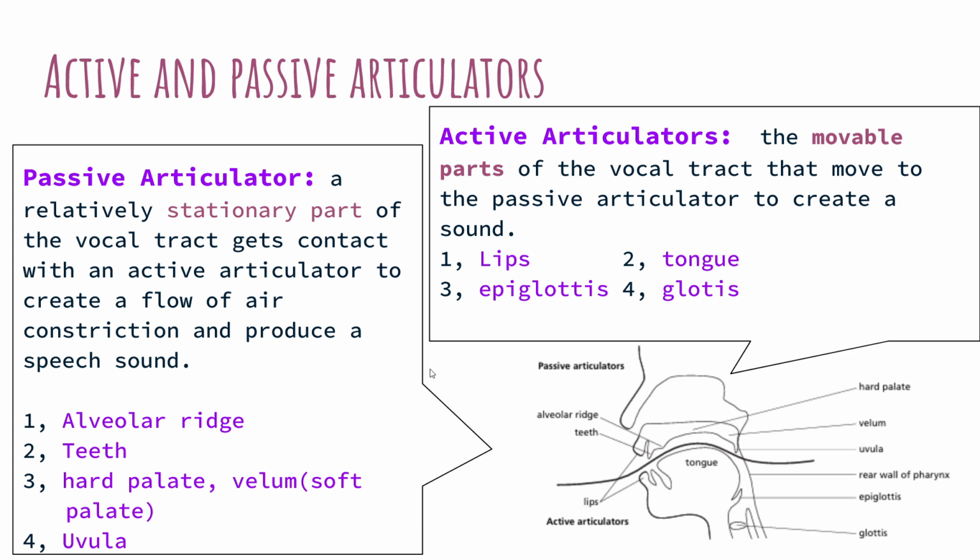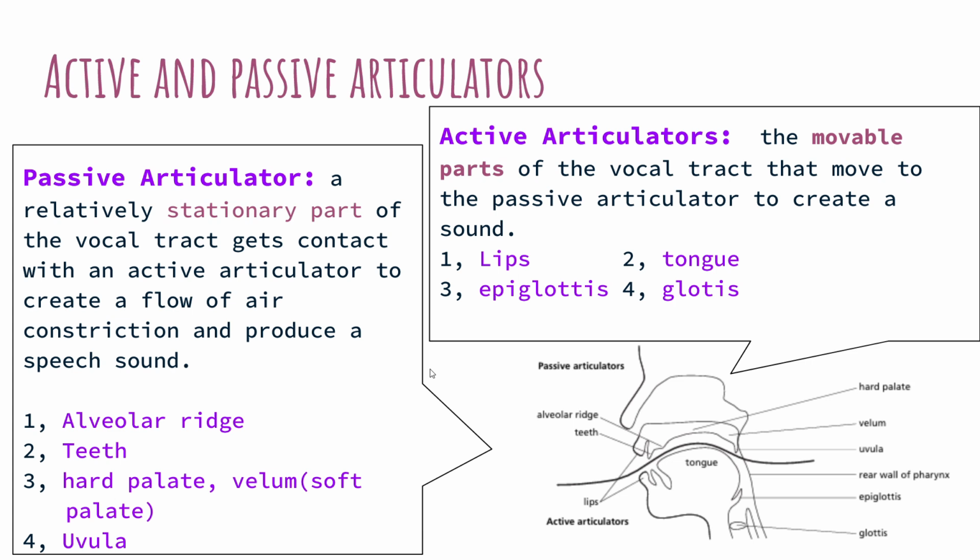Now let's look at the active and passive articulators. The organs of articulation we've just looked at can also be called the articulators. So what is a passive articulator?